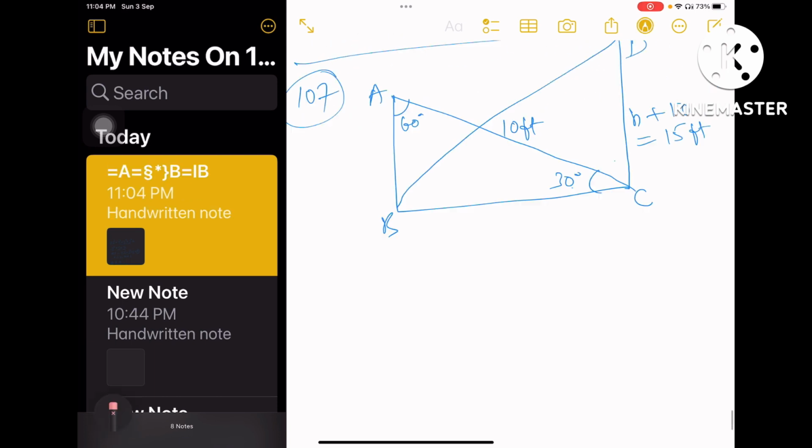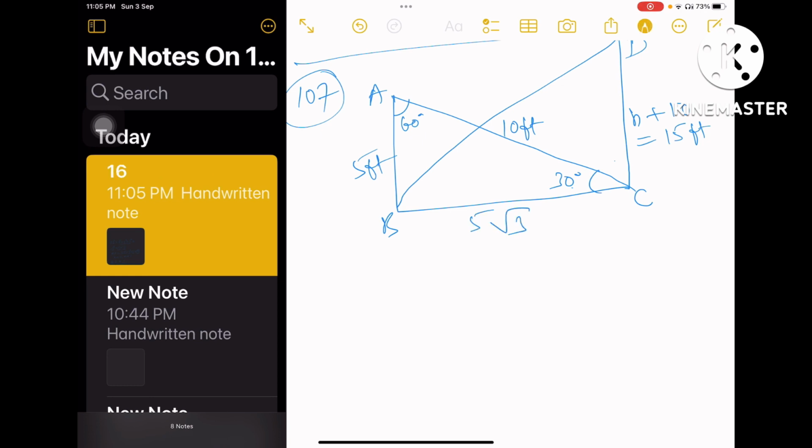Let's move on. Half of AC is exactly 5 feet. Now what about BC? This is 60 degrees, so BC will become 100 minus 25, that is 75. 75 means 25 into 3, that is nothing but 5 root 3.